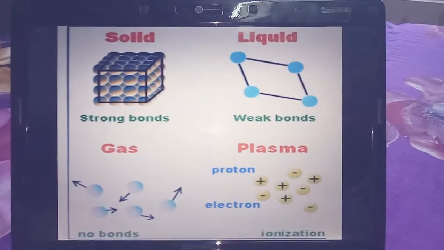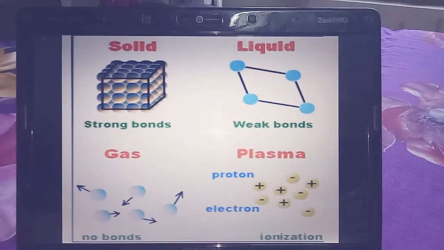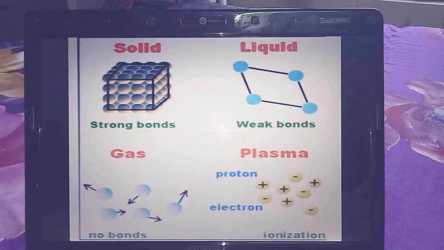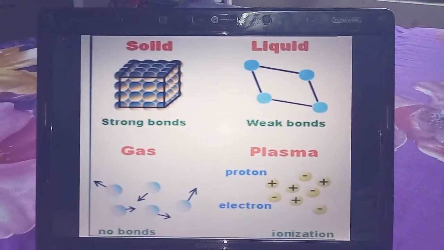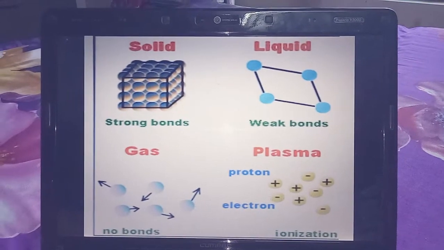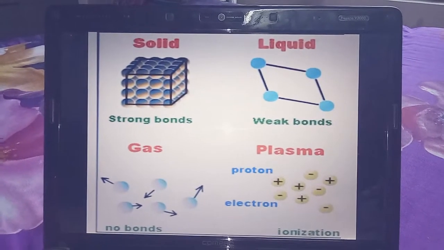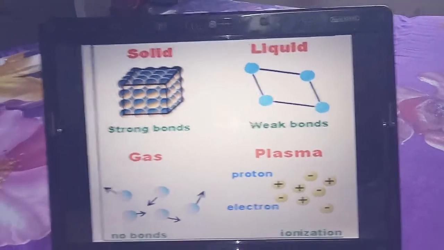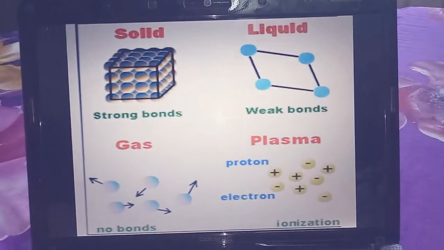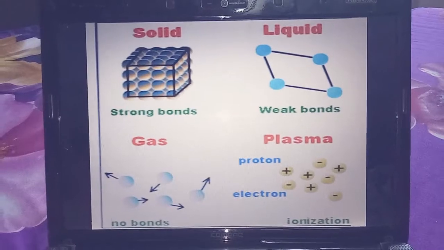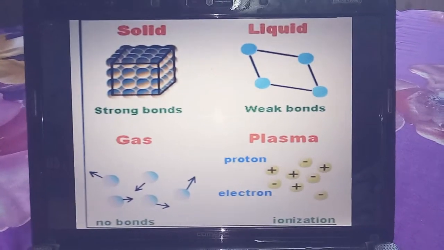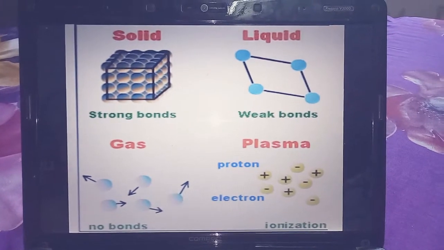Now this diagram shows the intermolecular forces of attraction, that is, the solids have the strongest intermolecular forces of attraction and gases have the weakest. Like students, you can see in this slide, it shows that the solids have the strongest intermolecular forces of attraction.